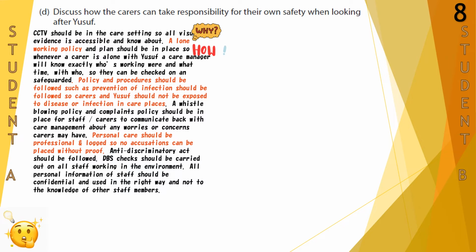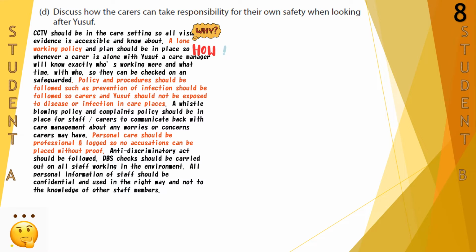But I think the wording of the question may have thrown them, because the question here is about how the carers can take responsibility for their safety. A majority of their answer, and again you can see the bits in red is what's relevant, a lot of their answer here is about how the staff keep Yusuf safe when looking after him.